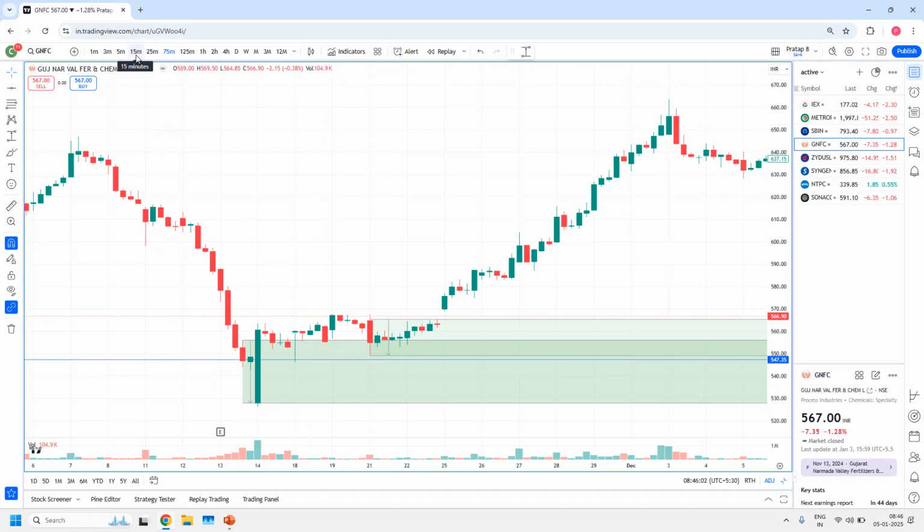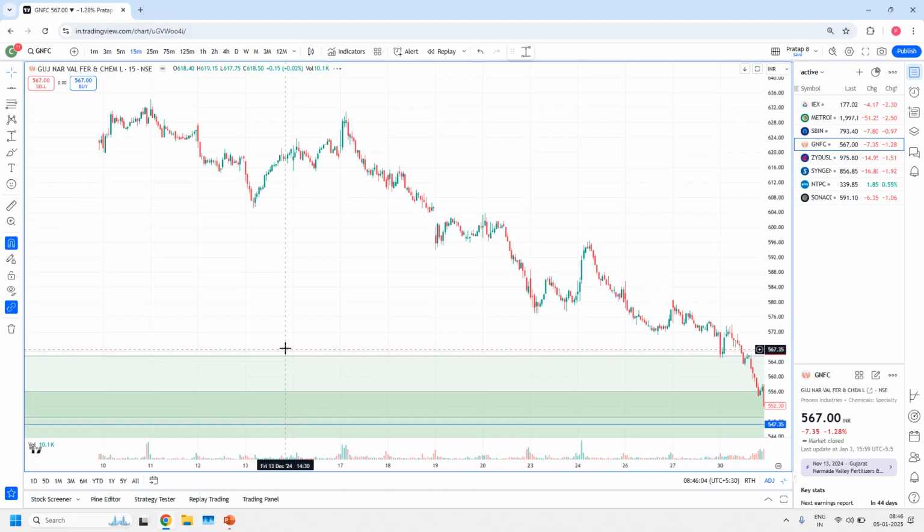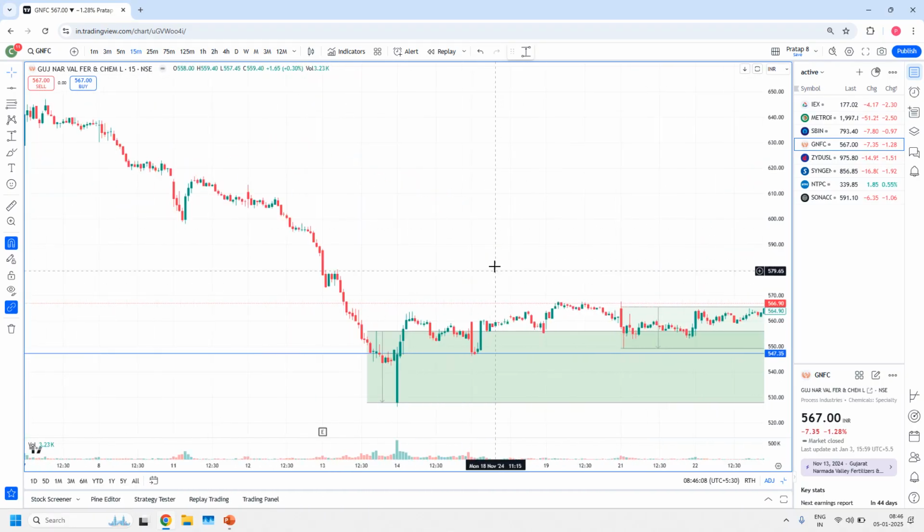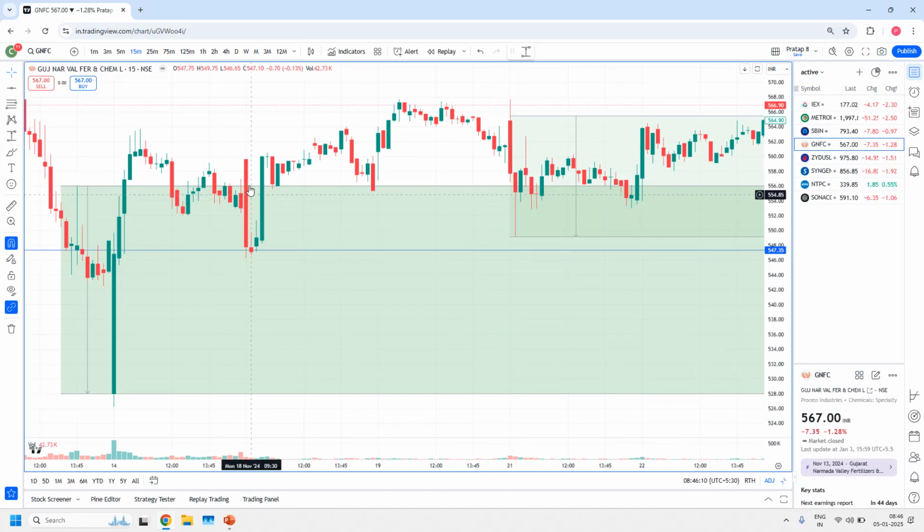Next, fine tune with the 15 minutes time frame. Go to the 15 minutes time frame. Are there any 15 minutes order flows available? Yes, here you see a drop base rally is created. This was also created before this zone itself. But within this entire 75 minutes area, this is a fine tuned zone.